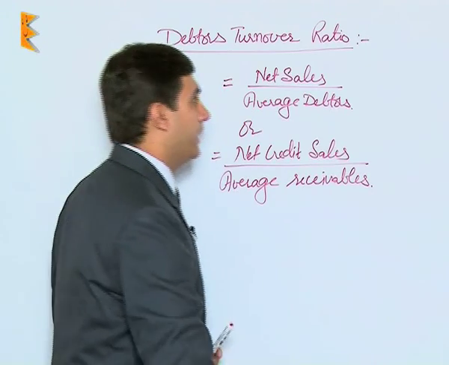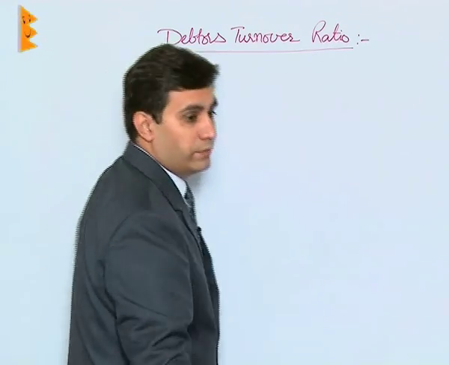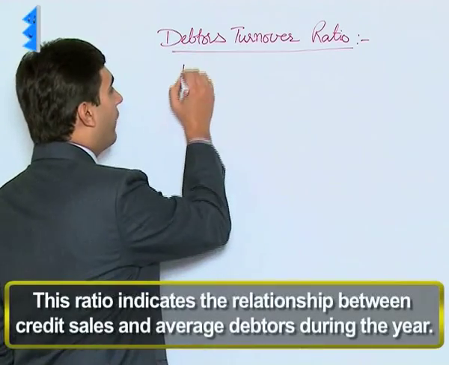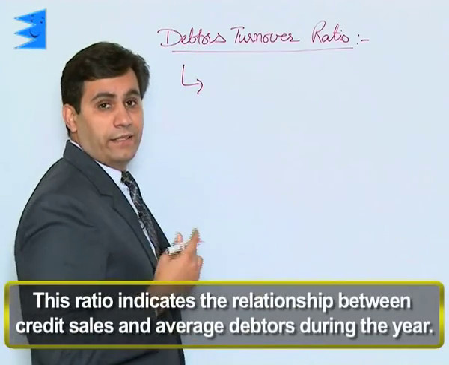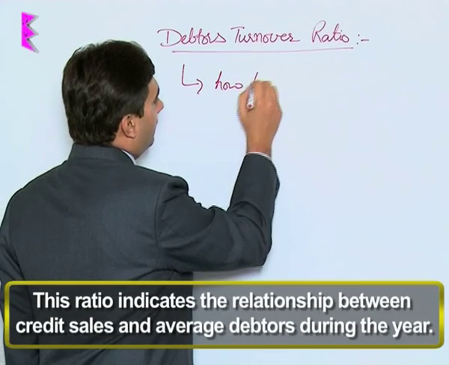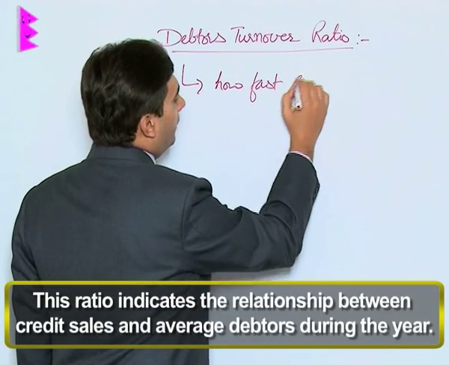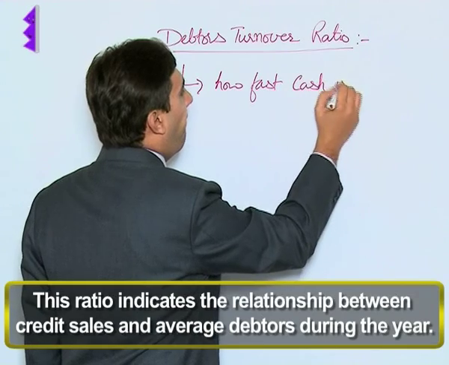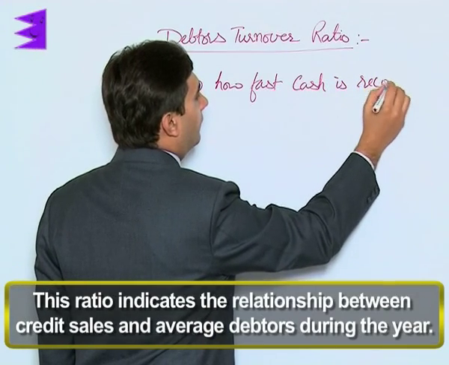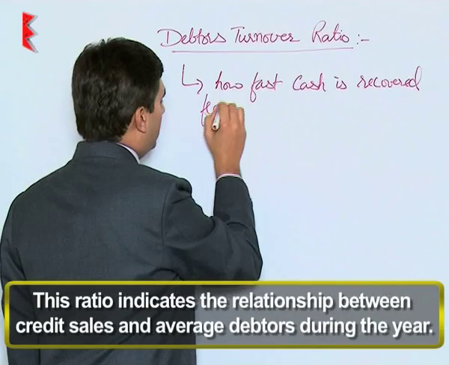Now students, what does this ratio actually tell us? This particular ratio, debtors turnover ratio, actually gives a clear indication of how fast the debtors are collected. That is, how fast cash is recovered from debtors.